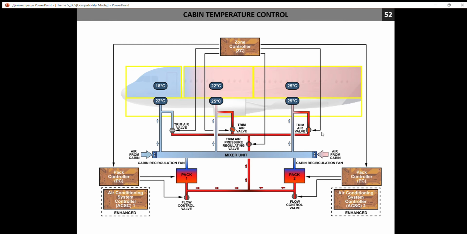Also, you may notice that we have some special arrows that show that some portion of air goes to the mixer unit from the cabin. This is a recirculation subsystem.